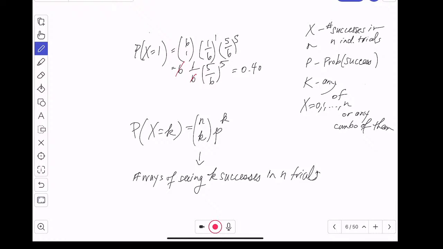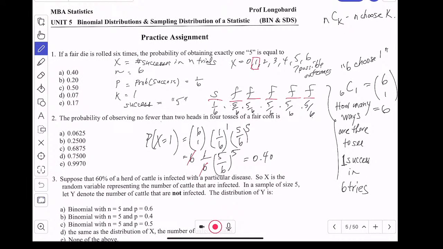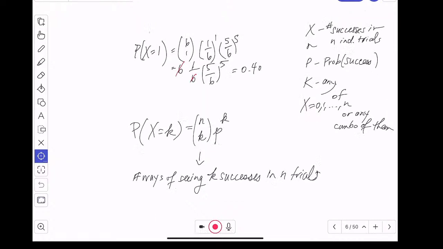And then remember what we had to do. We had to multiply all these probabilities because yes, there's the success, but then there's all the failures. So how many failures are there in general? And what is the probability of a failure? The probability of failure is 1 minus p. And the number of failures, well, if k are successes, then n minus k are failures.